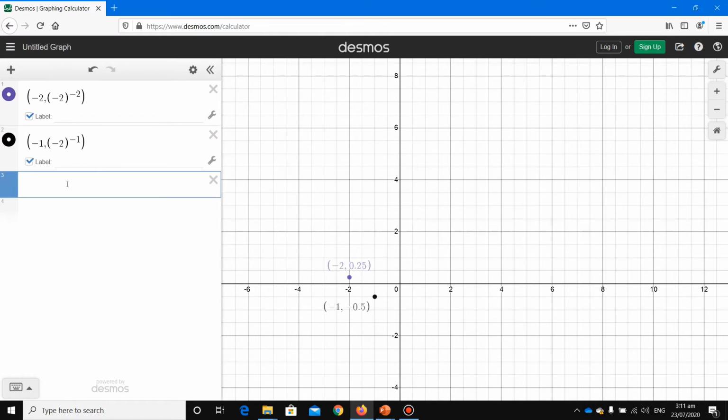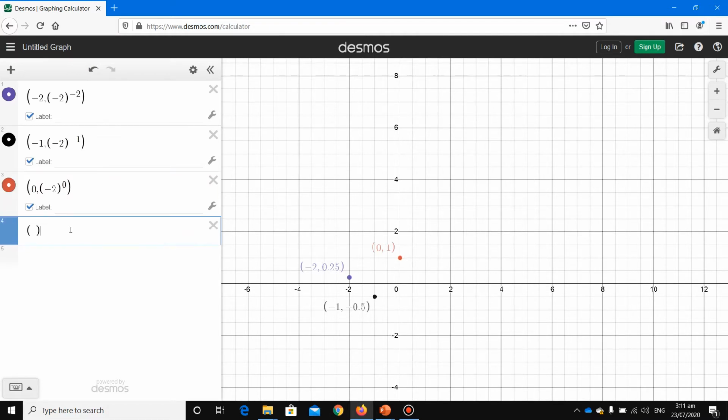So let's type another point. We have 0, negative 2 raised to 0, and that is this point. So again, it increases. Next, if we have x equals 1, that is negative 2 raised to 1, and that is this point, 1, negative 2.